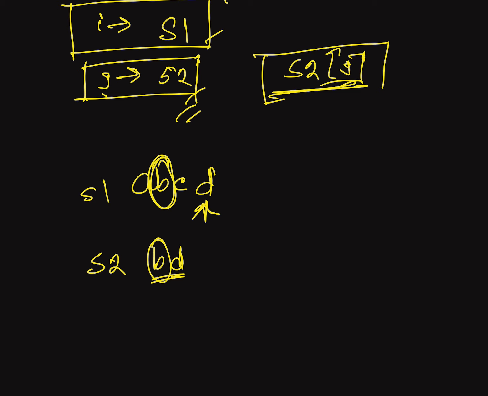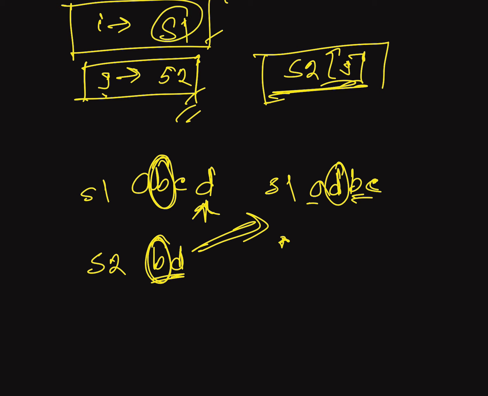It is not possible that with A, D, B, C as string 1, we say that this is a subsequence, because B is present on the right side of D. Subsequence means the sequence should be maintained, right? So that's why this order helps us here. Whenever we find a matched character, I will go to the next target character, and similarly we try to find any matching character from string 1 from left to right, because it is guaranteed that the next character will be present on the right side of this.